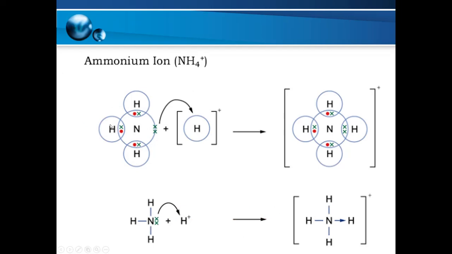For example, here you have NH3 reacting with H plus, so it will form the ammonium ion.